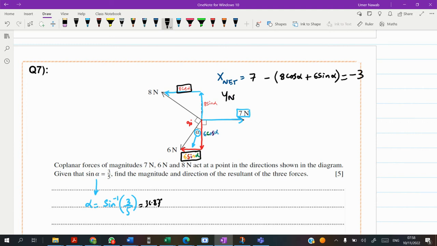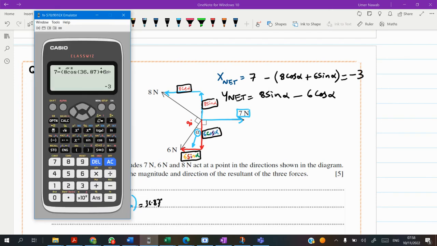I need to find my y net now. The y net is upward force, which is 8 sine of alpha, and there is only one downward force, minus 6 cosine of alpha. So can I substitute the values of alpha here, which is 36.87?